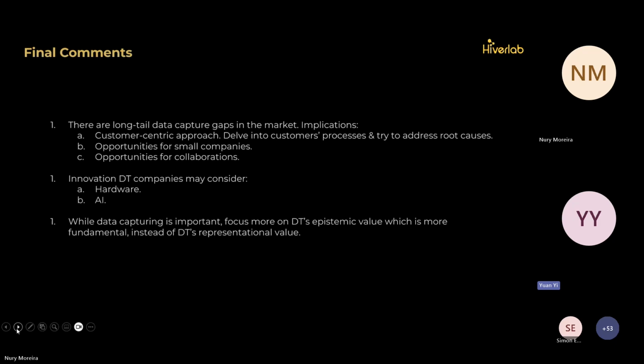And last but not least, while data capturing is important, which is also the main topic I want to share today, I think at the end of the day, we need to focus on spatial digital twins' value, not just in terms of its representational value, but its overall epistemic value. That means on one hand, we are trying to use the digital twins to replicate the physical assets. But at the end of the day, it's the user who uses this that actually matters.